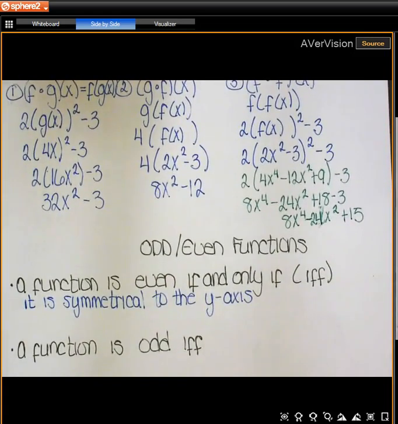Do you know what it means to be symmetrical? Yeah, like you can split it in half.